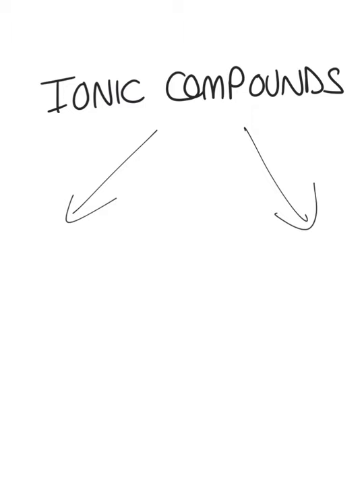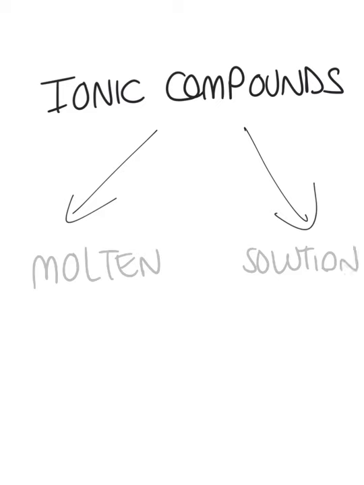Ionic compounds can either be molten or in solution. When they are molten, i.e. they have just been melted, they will have two ions in them. When they are in solution, i.e. they have been dissolved in water, there will actually be four ions at play.